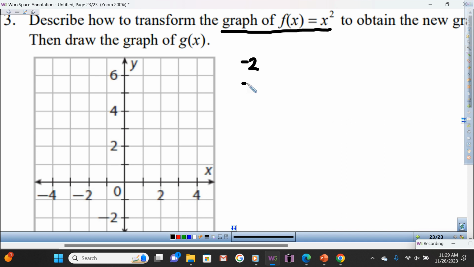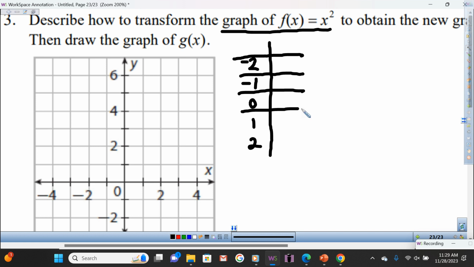-2, -1. Thank you. X, f of x. So, -2 squared is 4, -1 squared is 1, 0, 1, 4.